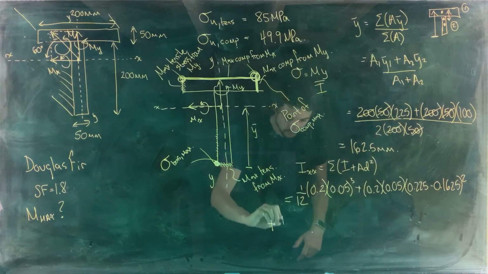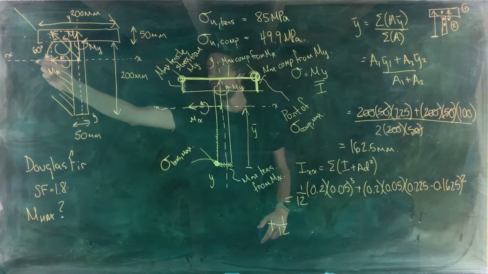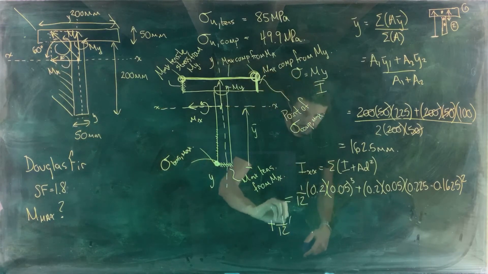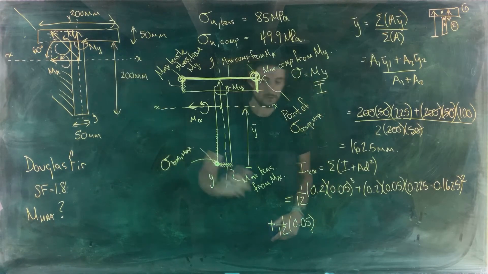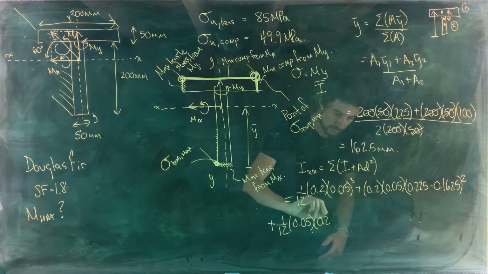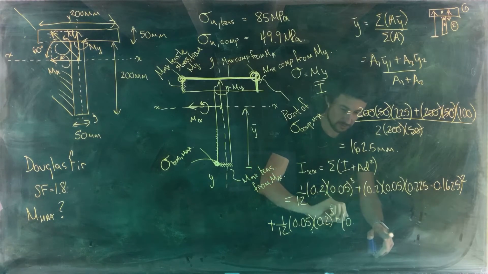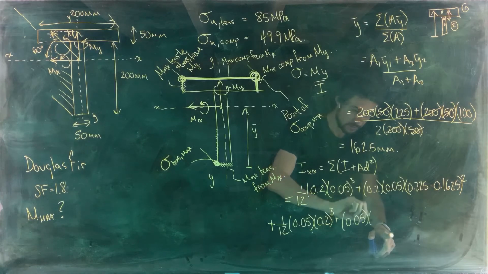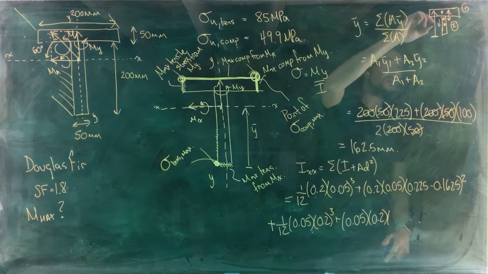Then we add on the same thing for the second piece. Here we've got 1/12 times the base dimension that's parallel to the axis, so 50 millimeters now, and our height 200, cubed, add back on our area, 0.05 times 0.2, and then distance d squared.